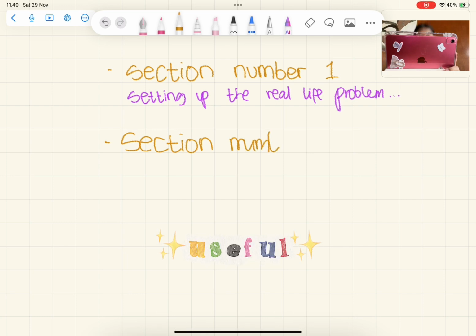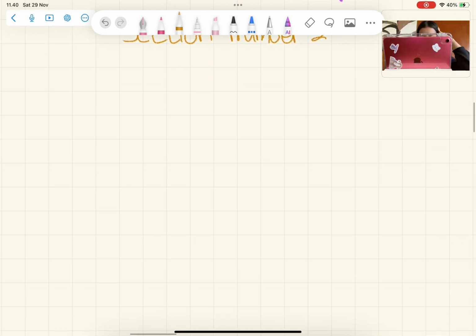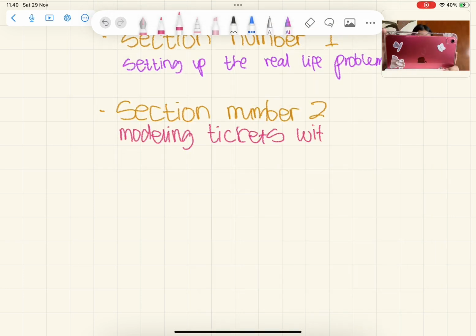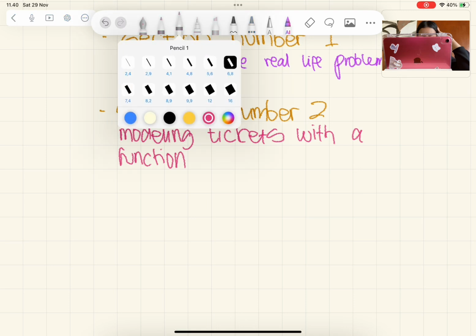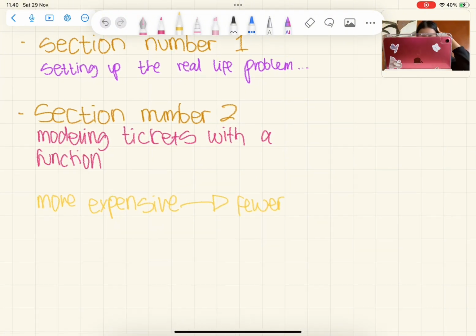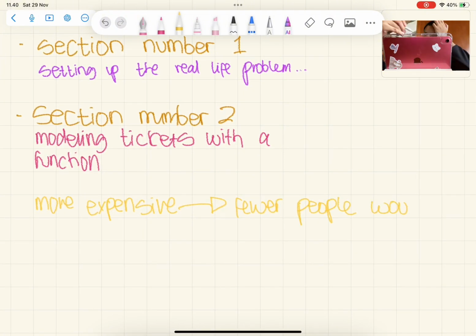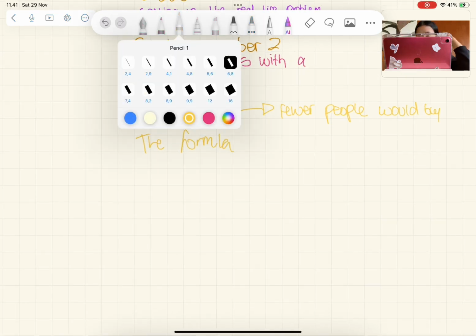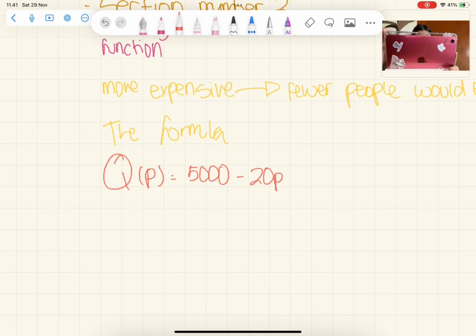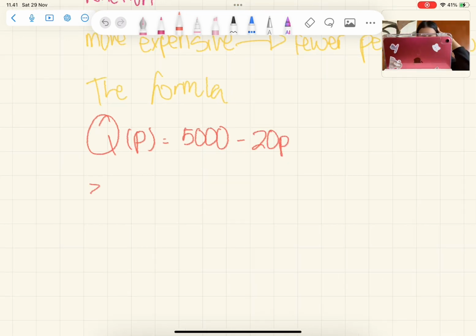We're going to be moving on to section number 2, which I'm going to call modeling ticket sales with a function. Let's say the number of tickets sold depends on the price, where the more expensive it is, the fewer people would buy. That relationship is modeled like this: Q(p) equals 5,000 minus 20p. Here's what everything means.